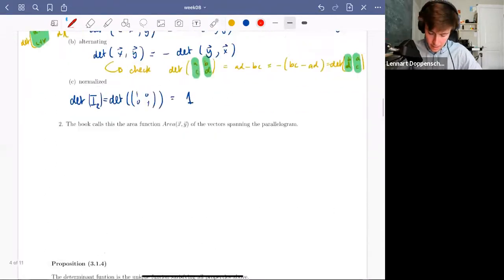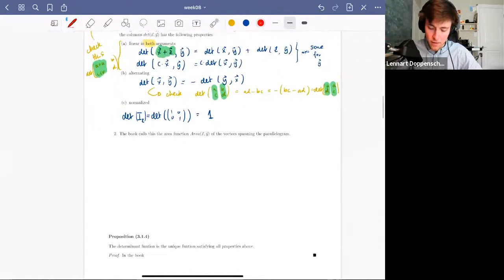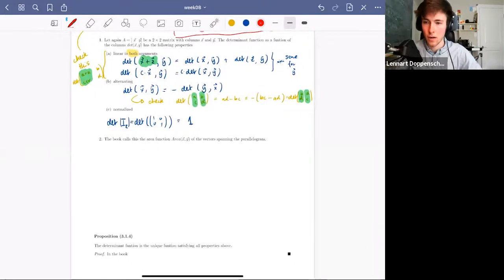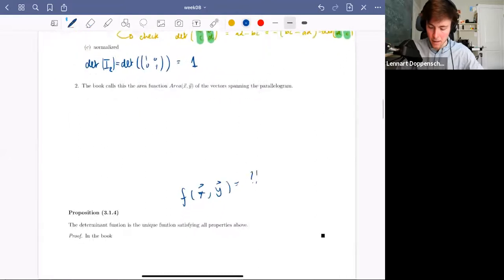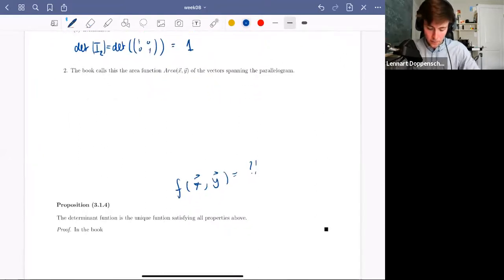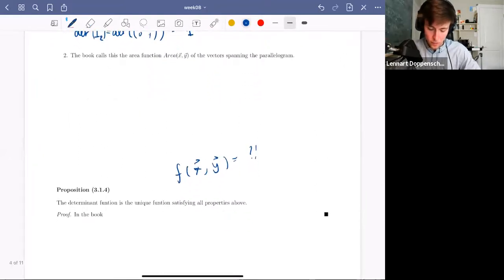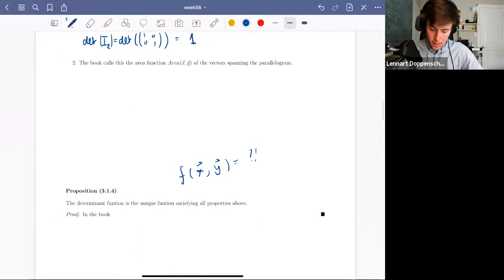So among all the functions that we could consider on 2 vectors in R2, there are so many functions that you could write down, just saying that f of x, y might be something dependent on x and y. But among all these, we can select those that have these 3 properties above.